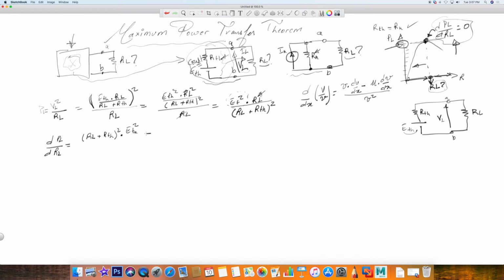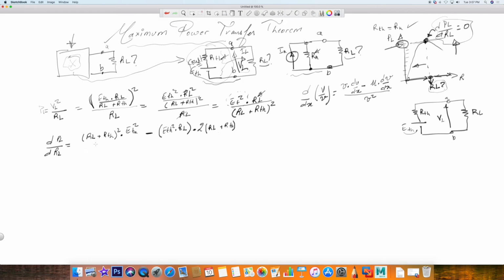Now, let's look at the minus. Let's put the numerator back, which is ETH squared times RL. Make sure you put parentheses here so you can differentiate. Now, you take the derivative of the denominator, RL plus RTH squared. We bring the 2 down, times RL plus RTH to the 2 minus 1, so that's 1, RTH right here.